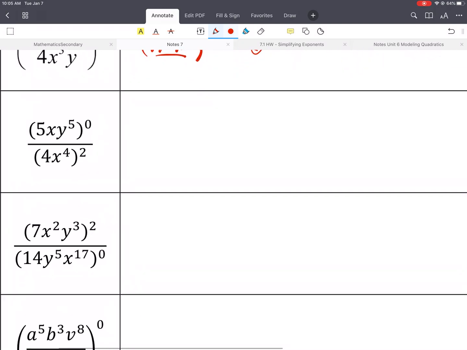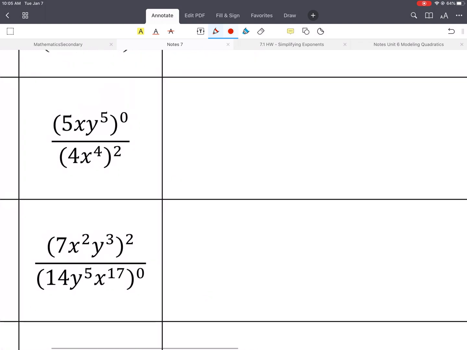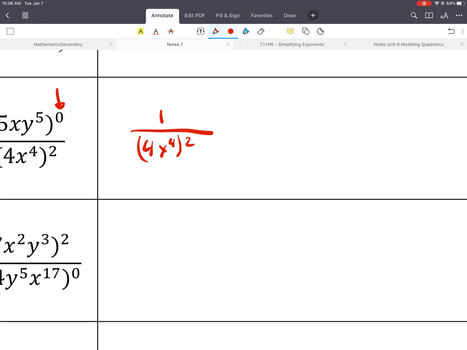Okay, here's another problem. Okay, here we have the 0 property. So anything to the 0 is 1. So we could quickly write it like this. Okay, and then we have a power inside of a power, so we can distribute that exponent.